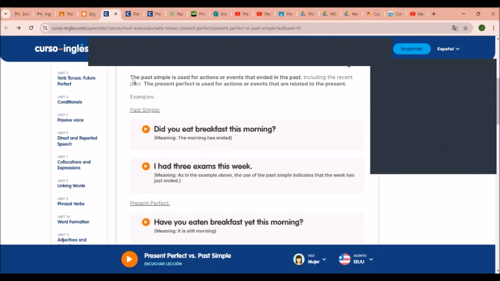The present perfect is used for actions or events that are related to the present.